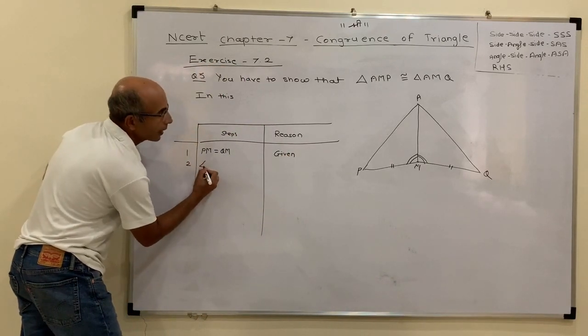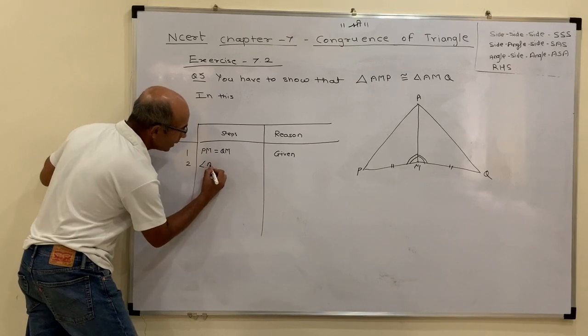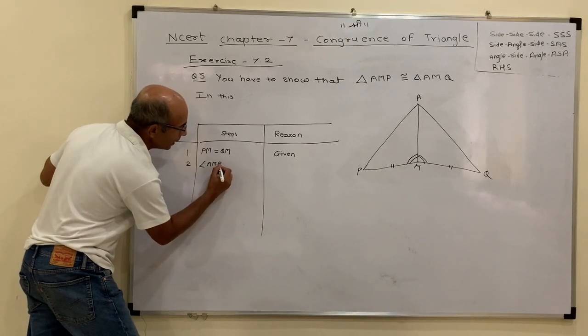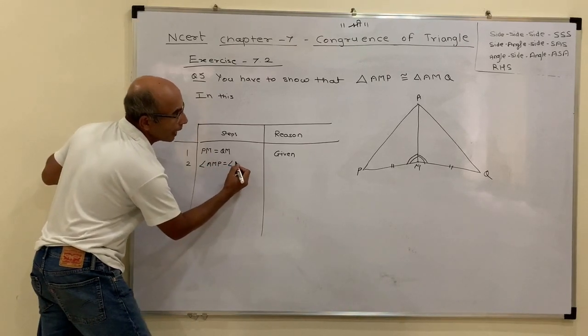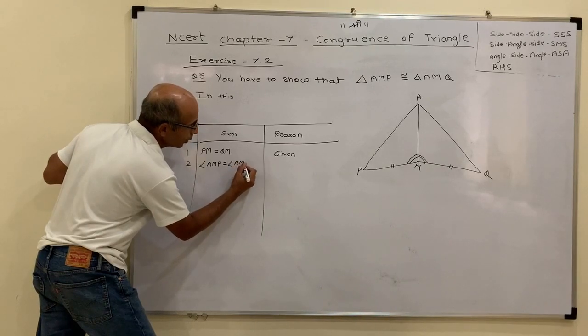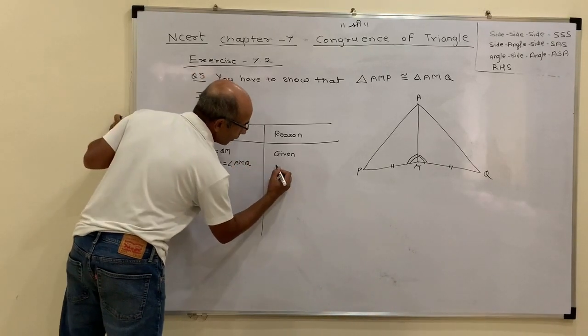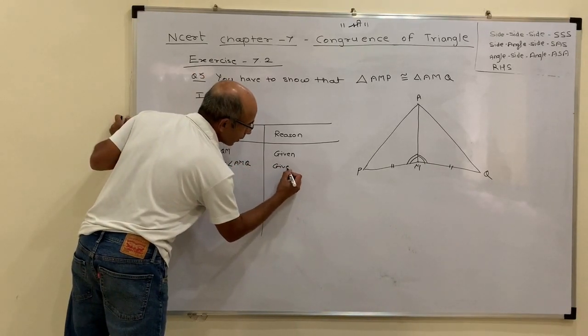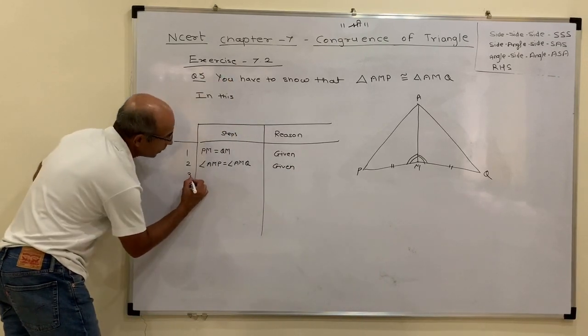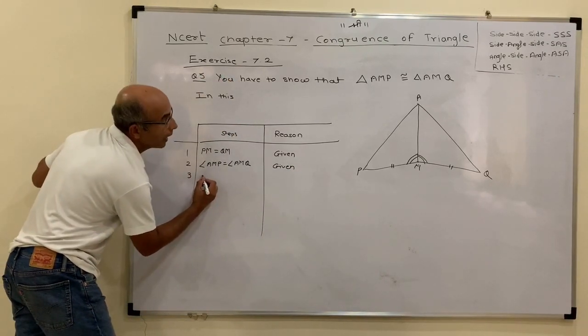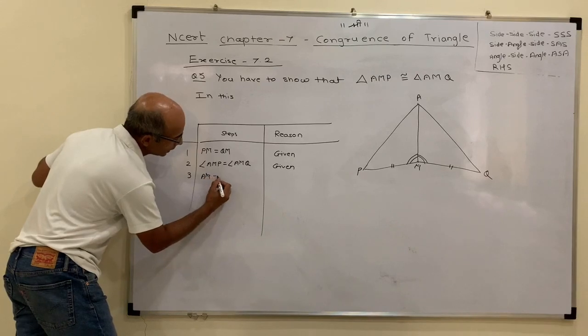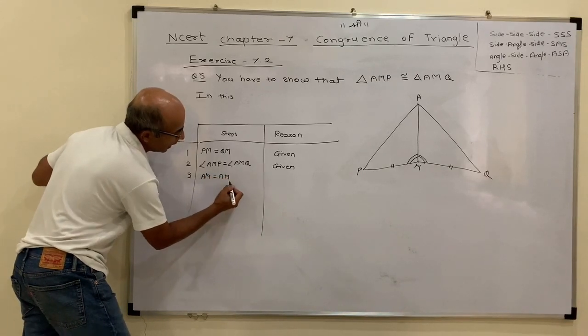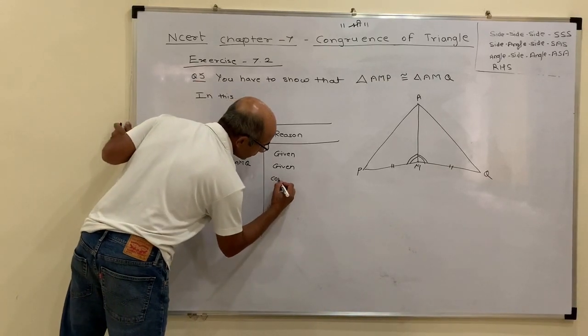Second, angle AMP is equal to angle AMQ, again given. Third, side AM is equal to AM as a common side.